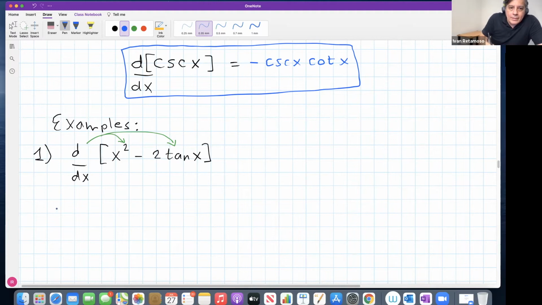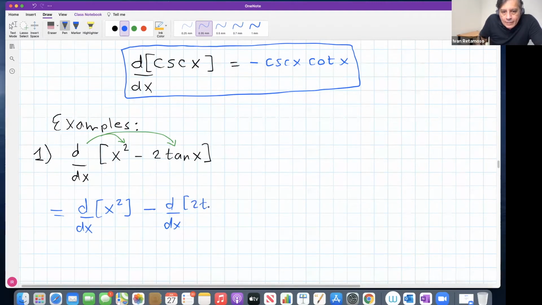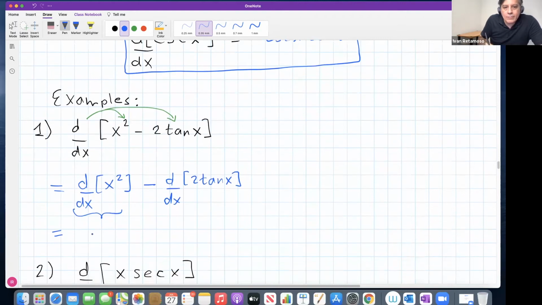Remember, derivatives behave very nicely over a sum or a difference of functions. So we just distribute. Derivative with respect to x of twice tangent of x. Next, the derivative of this part should be equal to what? Anyone could say on the chat? Derivative of x squared.